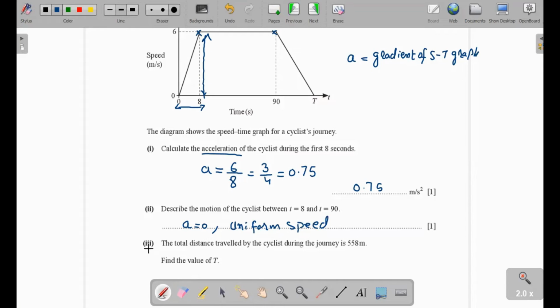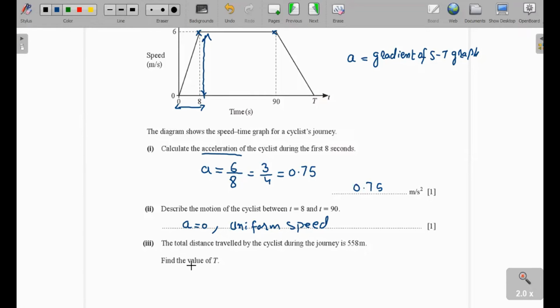Okay. Now the third part: the total distance traveled by the cyclist during the journey is 558 meters. Find the value of t. Now, total distance traveled by the cyclist: we can find the distance in a speed time graph as the area under the speed time graph.